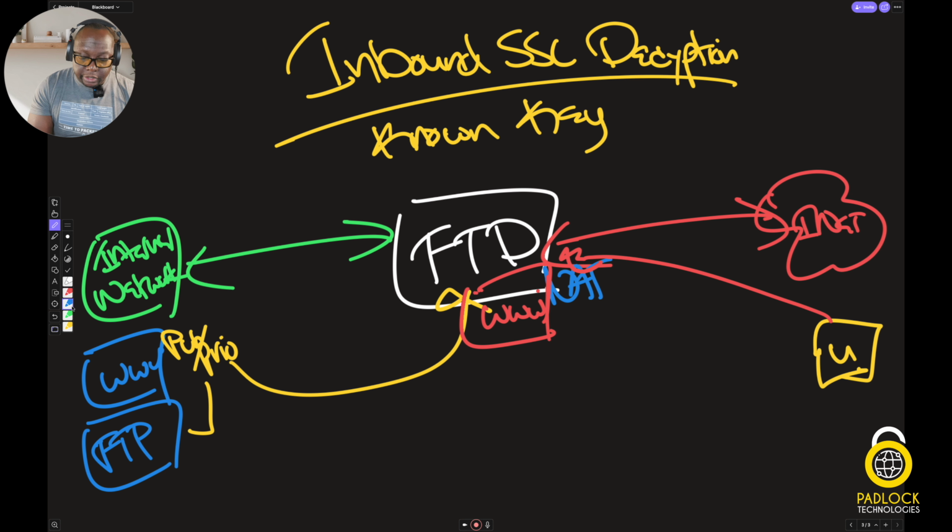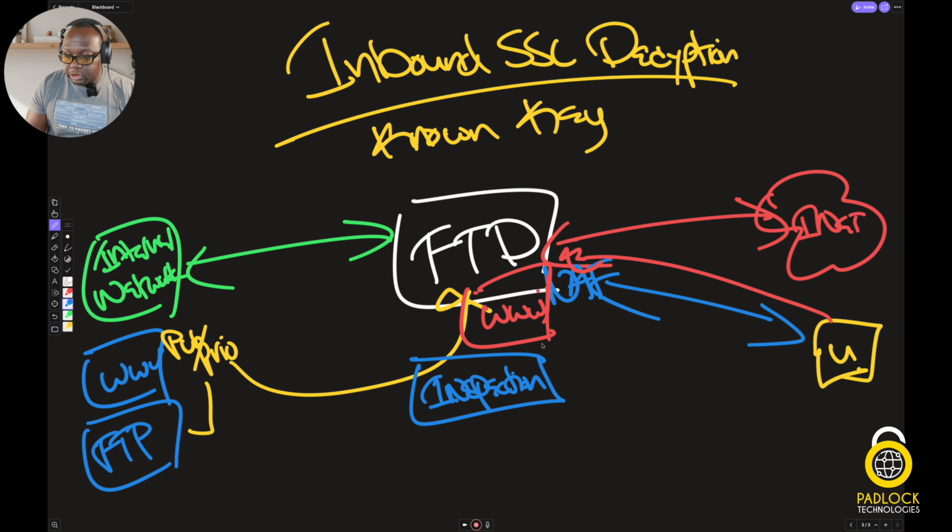And when you do, this allows you to do inbound inspection. So I can do inspection of whatever is going on between here. I can look at the packet and say, okay, I'm going to present the certificate as if I was this internal resource, and then I'm going to do inspection, malware inspection, IPS.